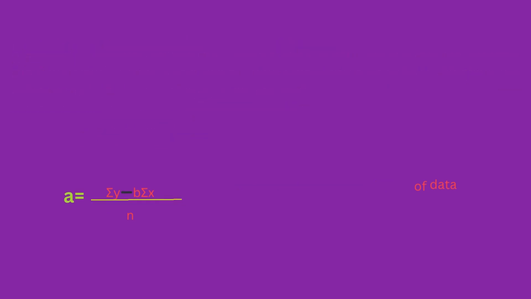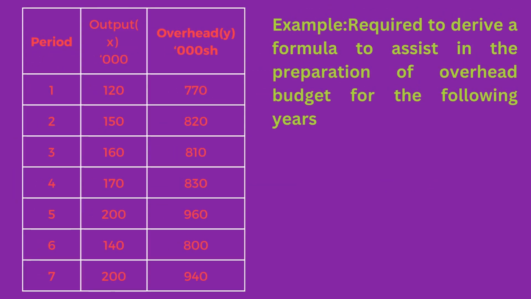We can now apply the linear regression analysis method in an example. As you can see on your screens, we have an example of a table where we have three columns. Column 1 is the period, which runs from 1 to 7.